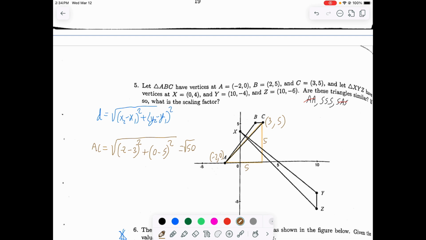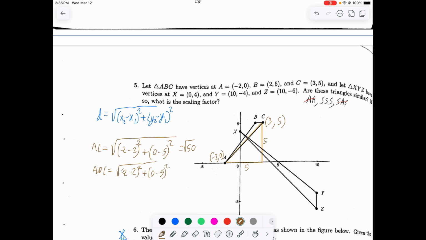Well, what about the other lengths? What about AB? So AB is equal to the square root of -2 minus 2 squared plus 0 minus 5 squared.